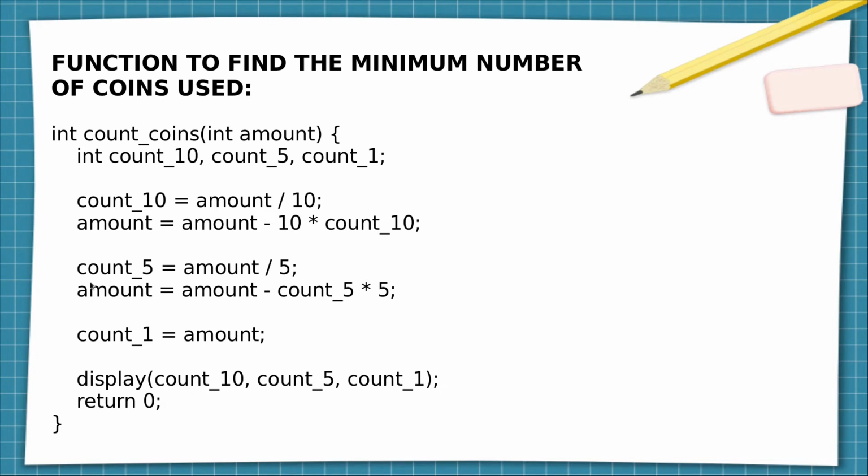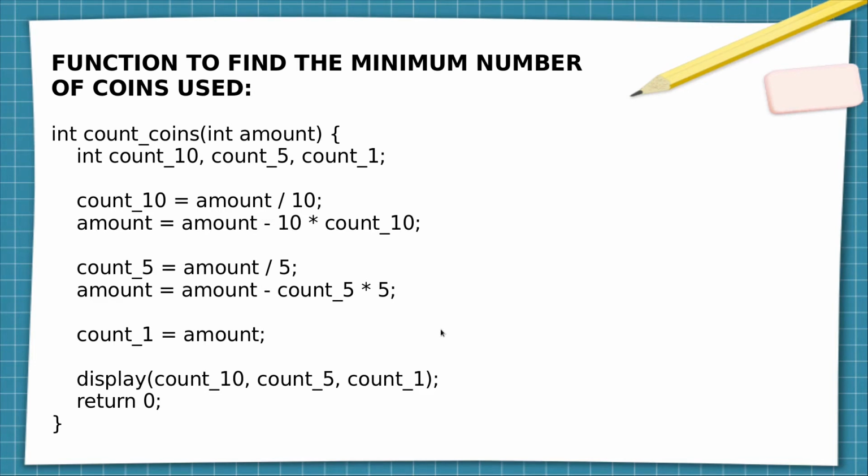We do the same thing to count the number of denomination 5 coins. We divide the remaining amount by 5 and then reduce the amount by the amount paid using the denomination 5 coins. Then the remaining amount is paid using coins of denomination 1.